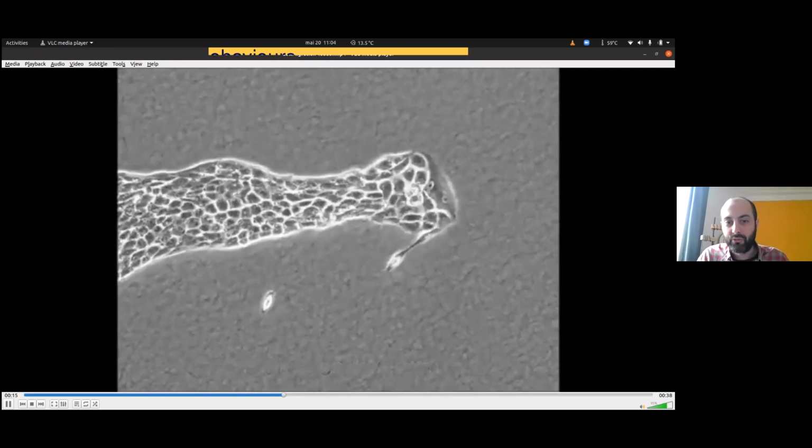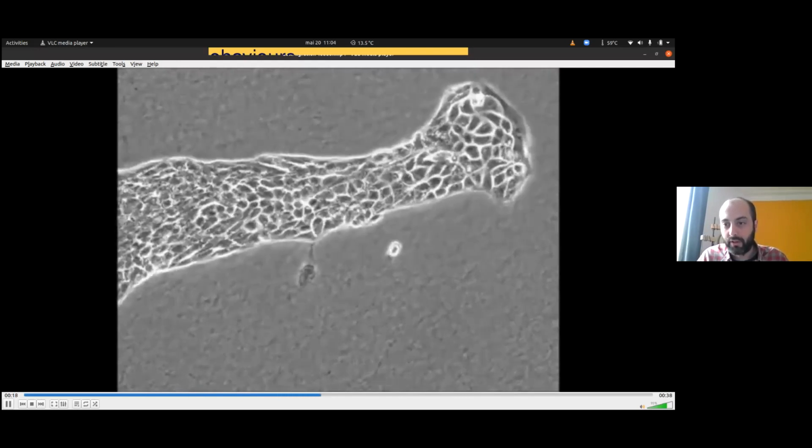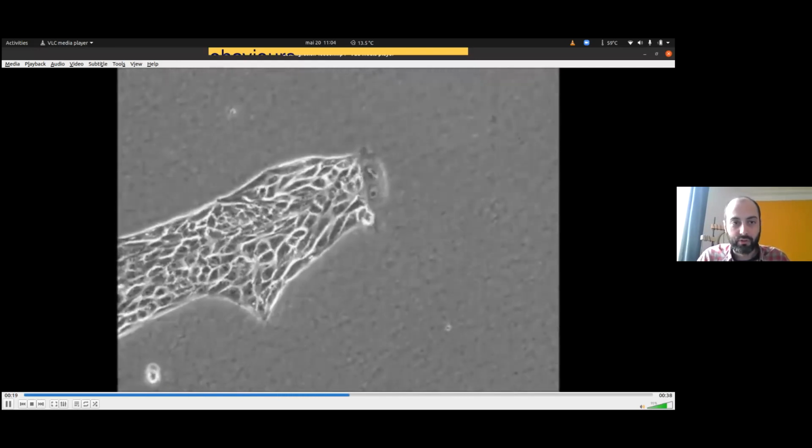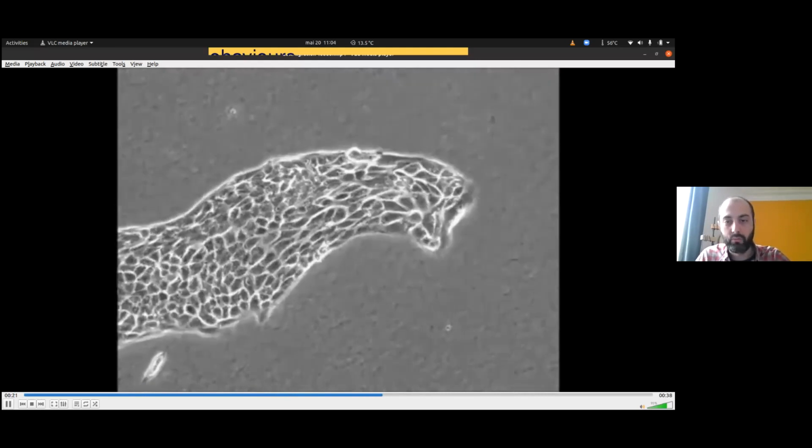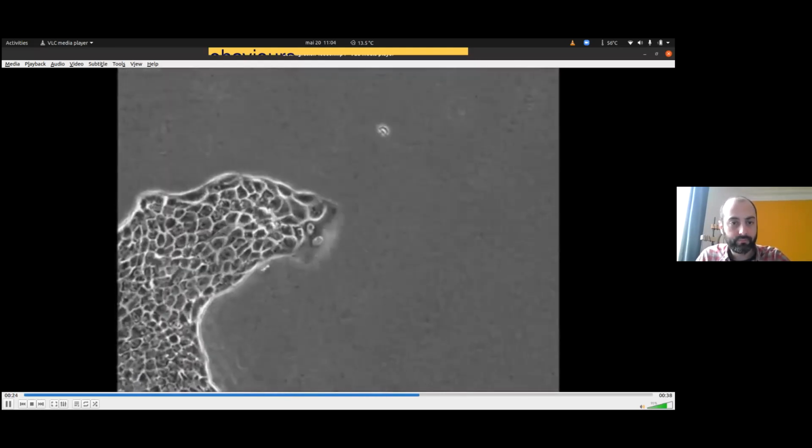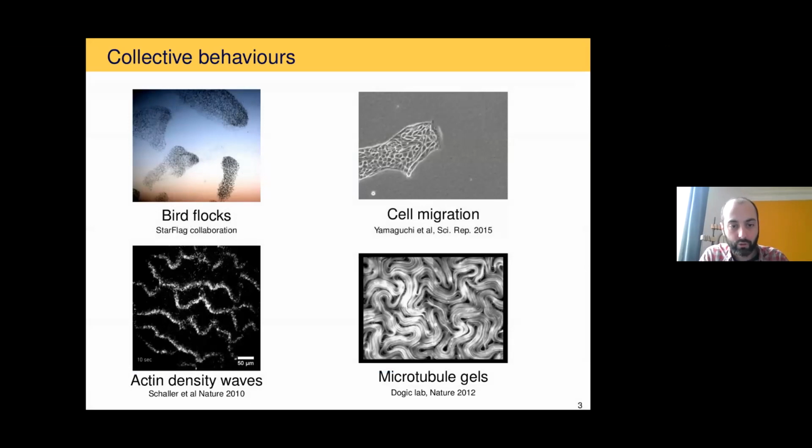So you have tissues that can move around, invade new space, especially like tumors can move around a lot. And on the bottom, you have examples of two experiments with the filaments of the cytoskeleton and molecular motors. So on the left, you have actin filaments that make these waves of high density that are moving.